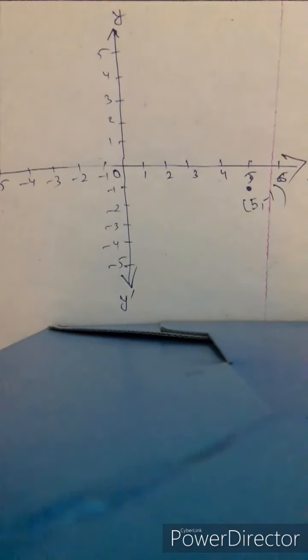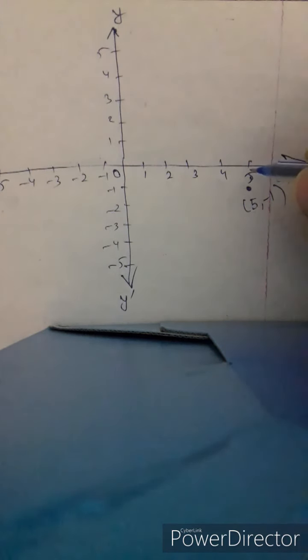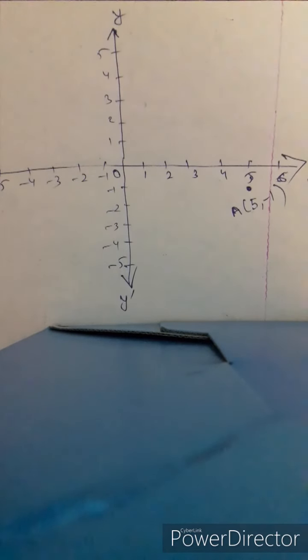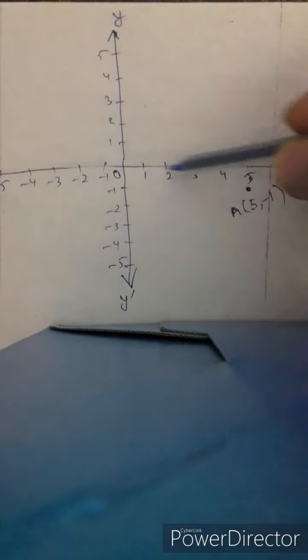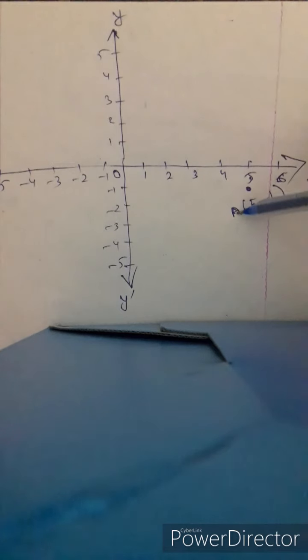Suppose this point A is 5 minus 1, which on reflection in the x-axis is mapped as A dash. A dash is the reflection of point A in x-axis. What is the reflection of A in x-axis?